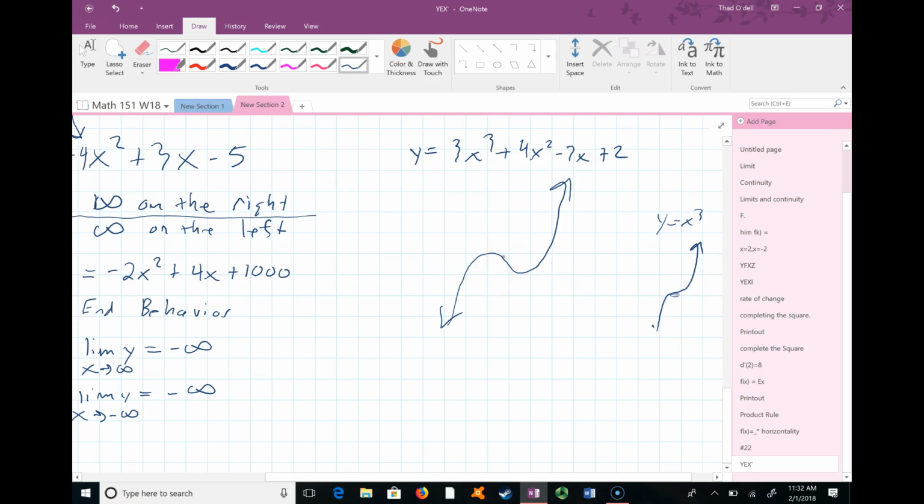But again, in the end behavior, even though we have all this extra stuff out here, it doesn't affect the overall end behavior because I'm looking at extremely out to the right and extremely out to the left.